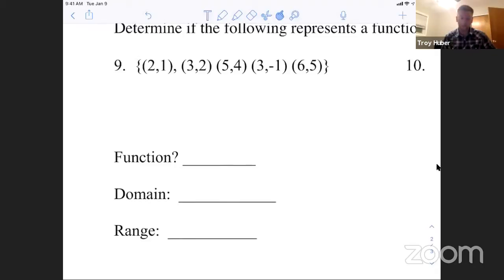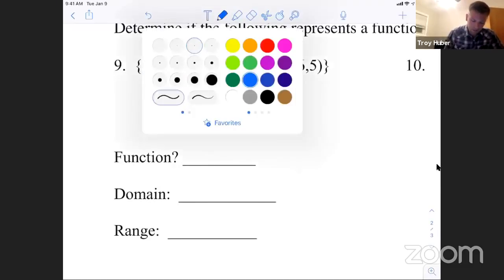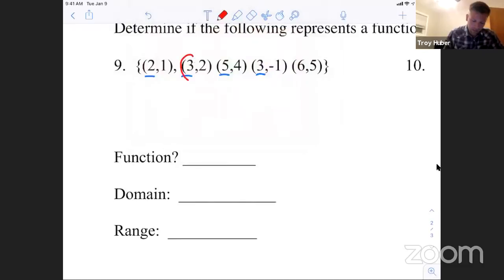You can only use an input once, so we can't repeat X values, but we can repeat Y values. If I look here, I see 2, 3, 5, 3. Uh-oh. We repeated an X value. That means we have two inputs that are giving me different outputs.